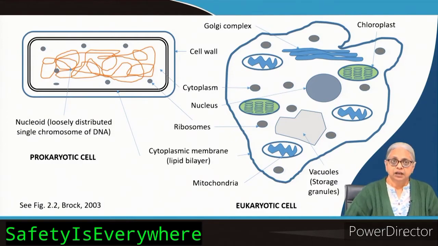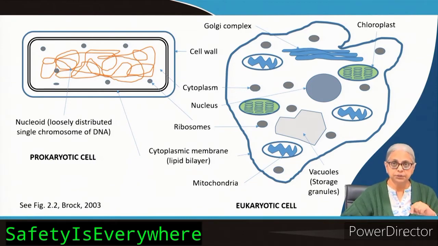So what you may have learnt in school is the differences between prokaryotes and eukaryotes. You can refer to any textbook. All of them have these differences. They are very clearly mentioned. The simplest living organisms that are present on the planet are prokaryotes.